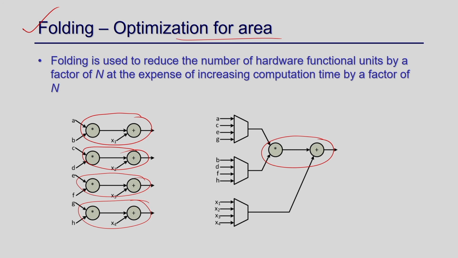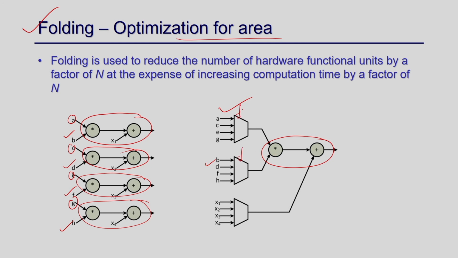So, for this multiplication, I can put A, C, E and G into this mux, because this is the left input to the multiplier, and the right input is B, D, F and H. So, B, D, F and H I can put into another multiplexer, and multiplex this input to this multiplier.